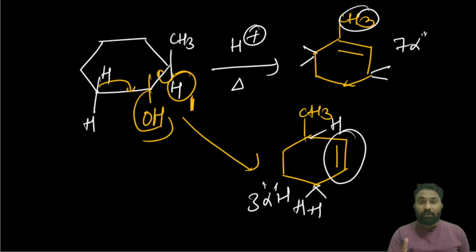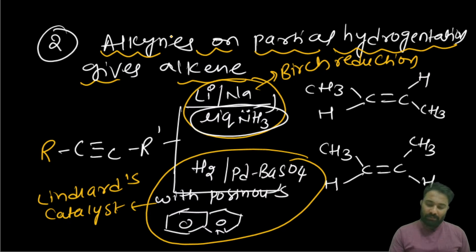Here, the hydrogen which is trans to each other, clear? Now this hydrogen will be stabilized and the OH will be eliminated, so that we are getting 7 alpha hydrogens for this alkene. This is more stable.